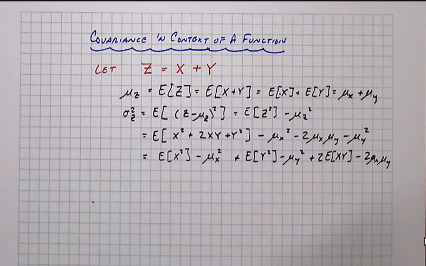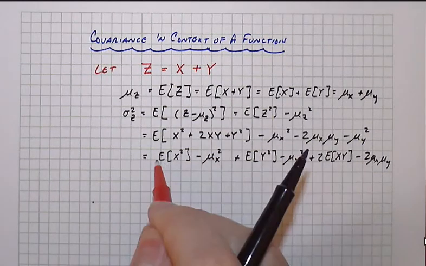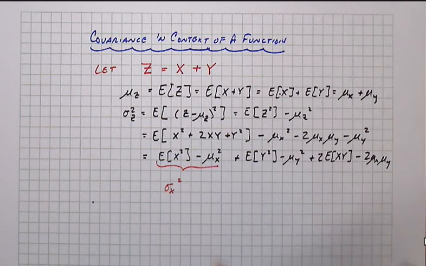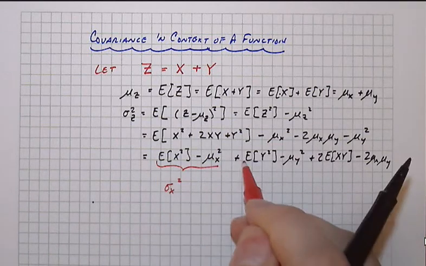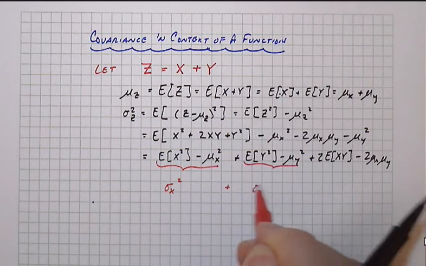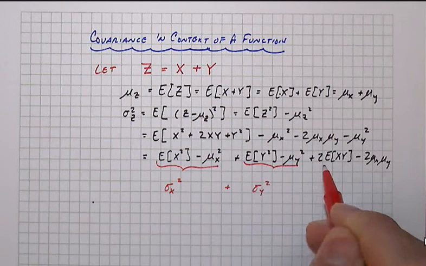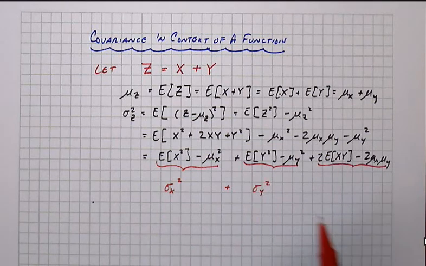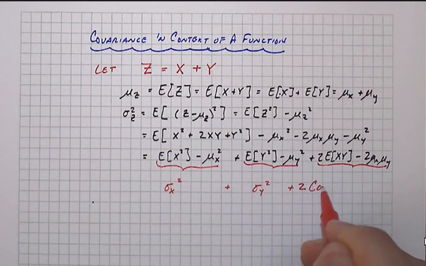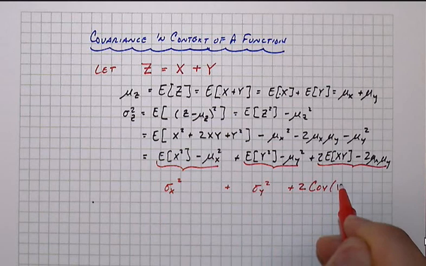So that first term is the variance of X. And the second term, of course, is the variance of Y. And the third term is, of course, plus 2 times the covariance of X and Y.